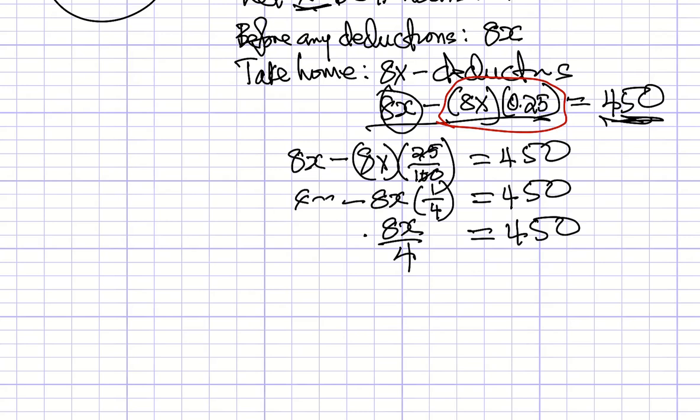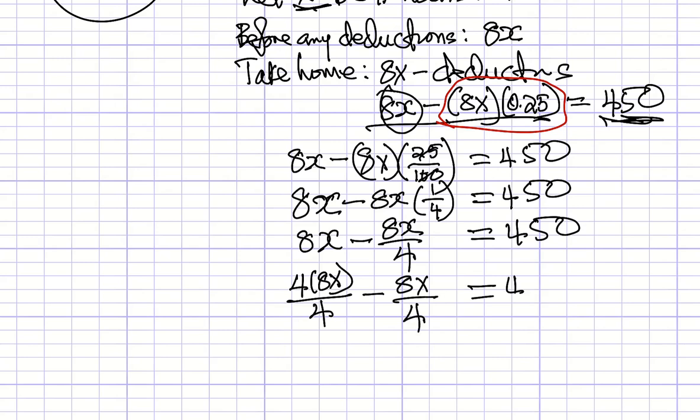This is 8x, and this is 8x over 4. Basically, we'll multiply 4 times 8x divided by 4. That's 8x over 4 equals 450.